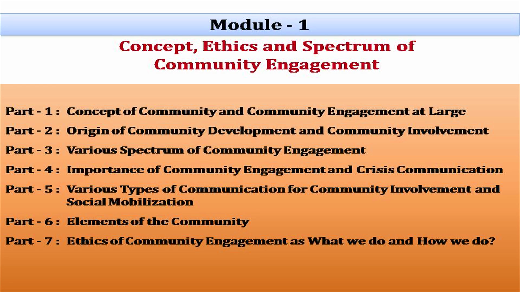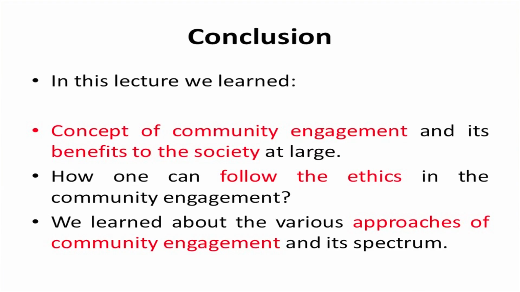At the end, in this module, we have discussed the concept of community and community engagement at large, the origin of community development, community involvement, the various spectrum of community engagement and the importance of community engagement, various types of communication for community involvement and social mobilization, and the elements of community and ethics of community.